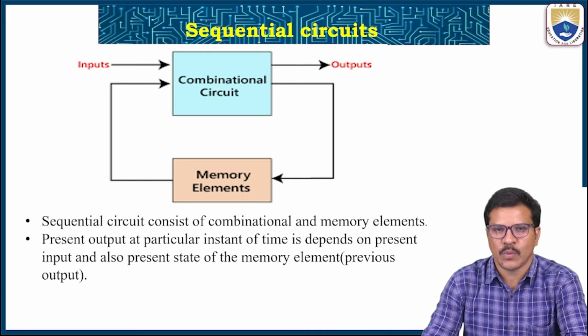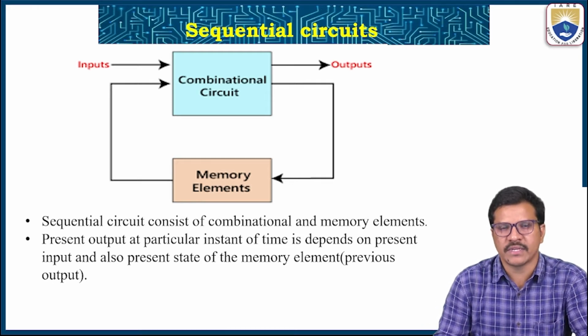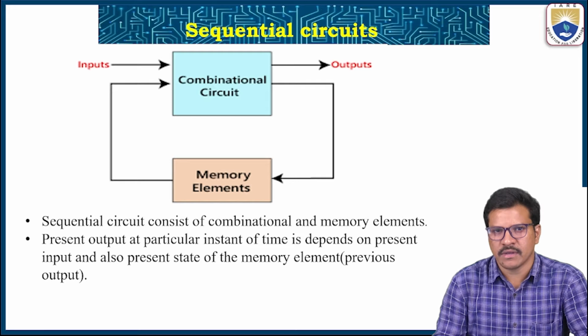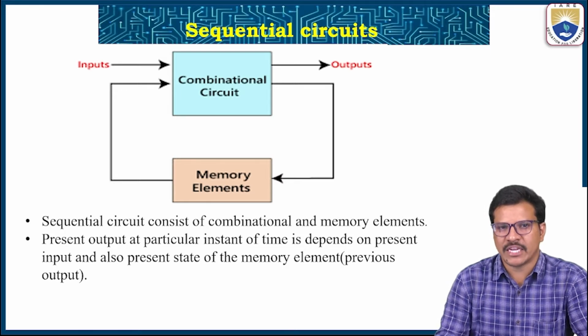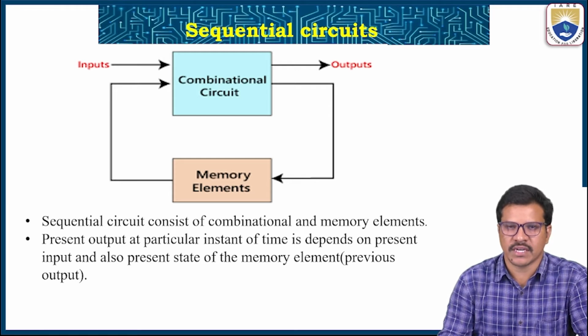In other words, a sequential circuit is one in which the present output depends not only on the present input but also on the previous output. These previous outputs come from the memory element. In contrast, in a combinational circuit, the present output depends only on the present input.